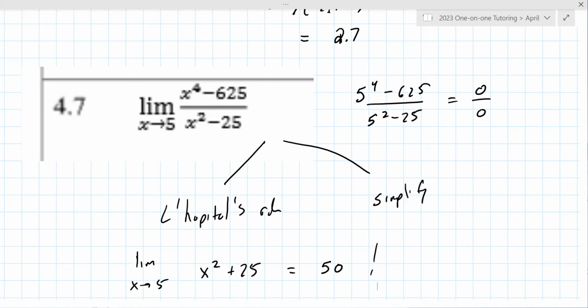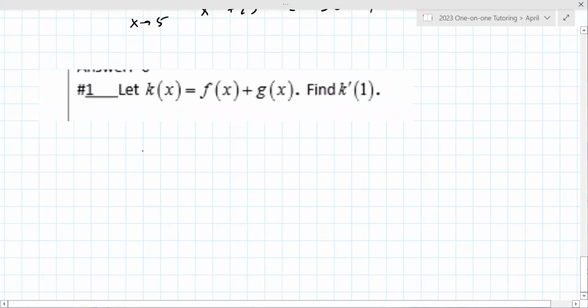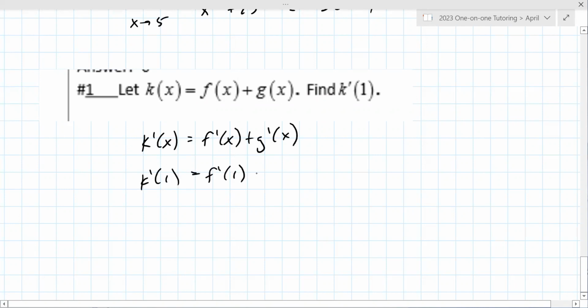All right. So K prime of x is F prime of x plus G prime of x. So K prime of 1 means to find F prime of 1 plus G prime of 1.